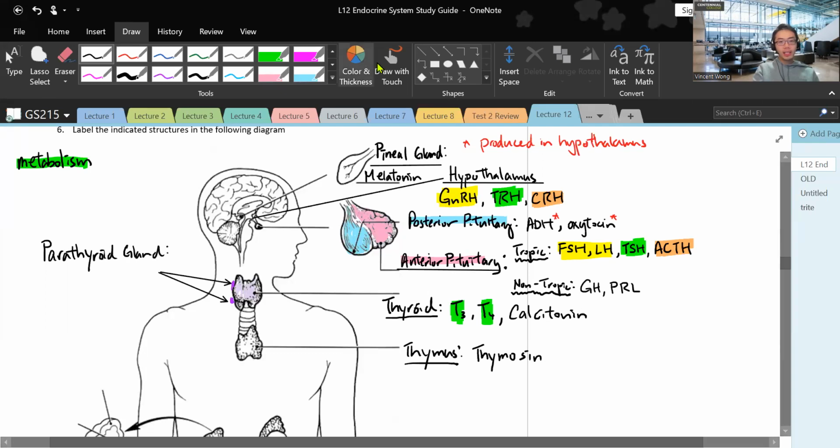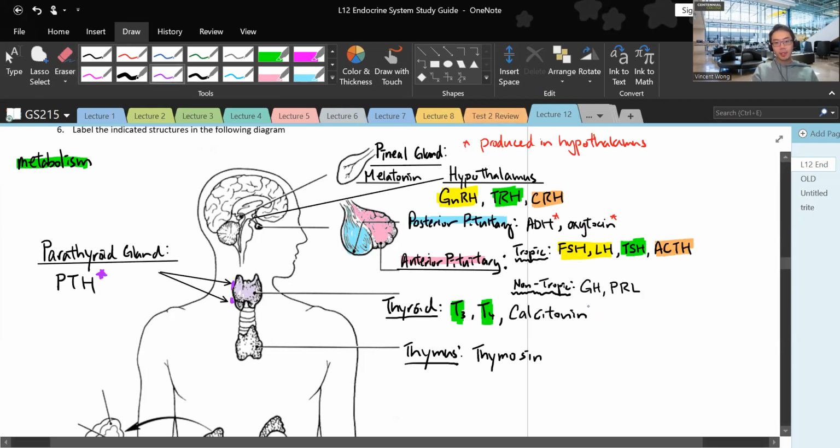And if there is one easy hormone to remember, it is the hormone from the parathyroid gland. The parathyroid gland secretes the parathyroid hormone. Okay, I'm going to put a star here for this one. Make sure it's a different color star, right?